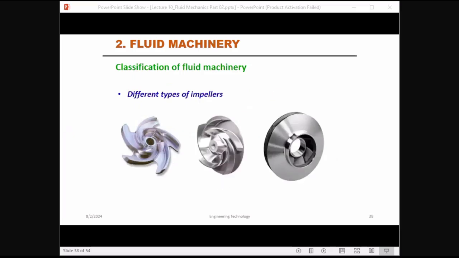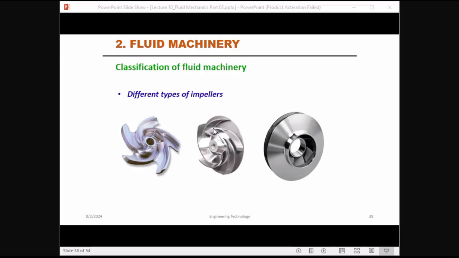Here you can see different types of impellers. Okay, these are different types. Here you can see impeller blades. In this case also the shape is different, but the process is the same.